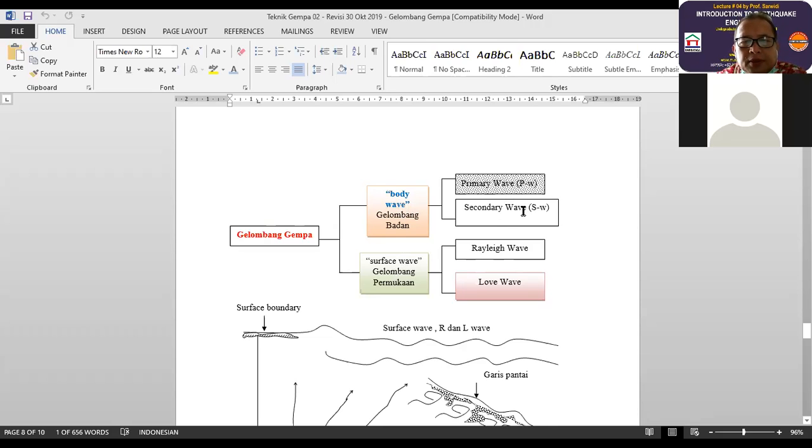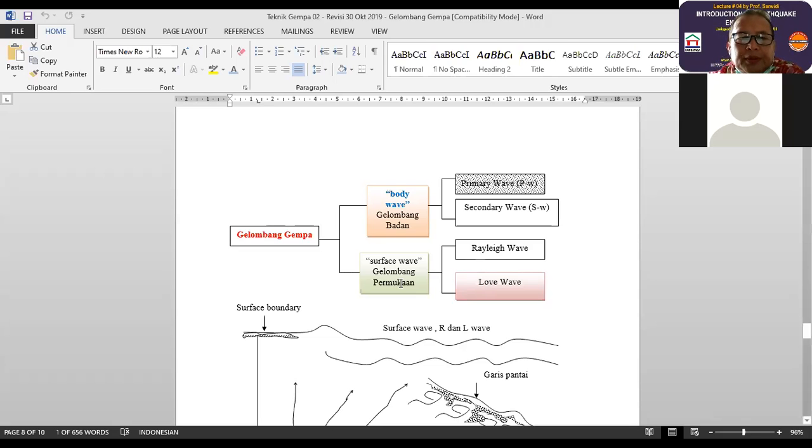Two types of waves in the body wave. While the surface waves consist of Rayleigh wave and Love wave, two of them. You can see from YouTube or other sources the wave animation.